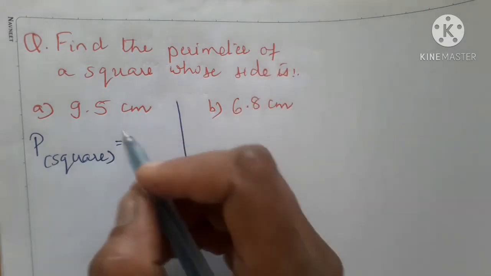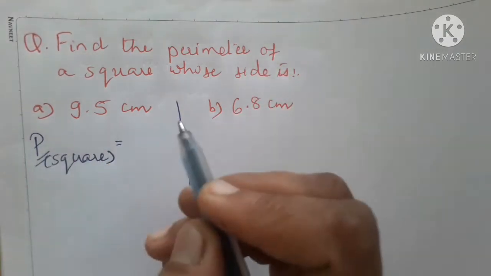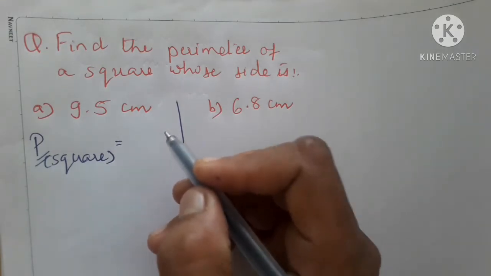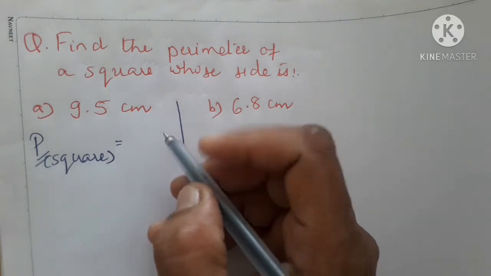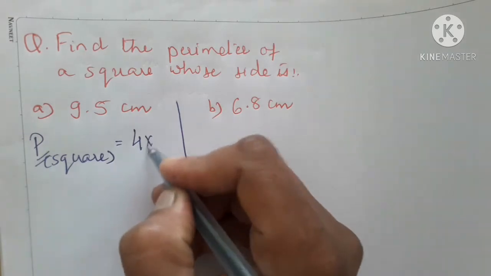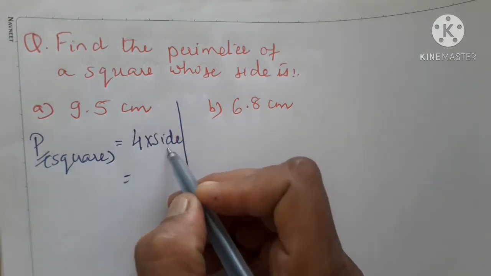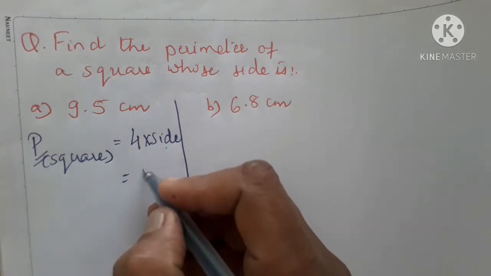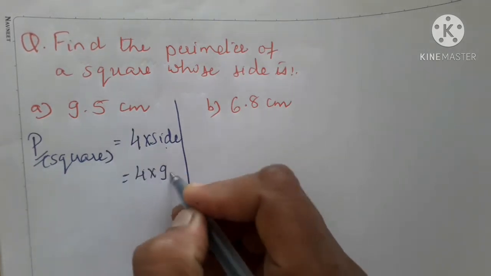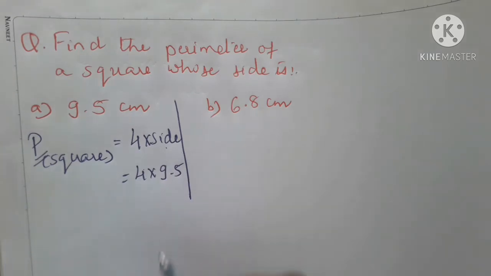Perimeter means sum of all the sides, and as the four sides are equal, I can write it as 4 into side. So here I have side as 9.5 centimeter, so I can write it as 4 into 9.5.